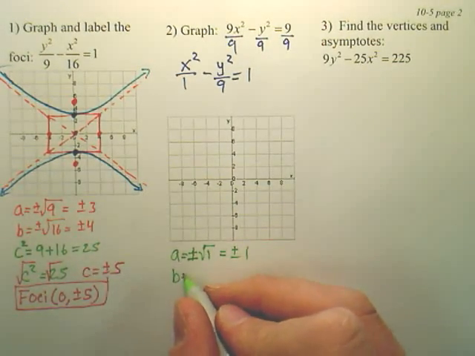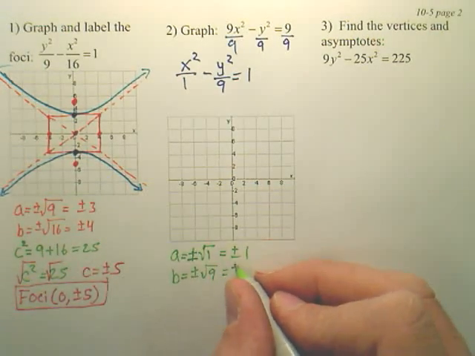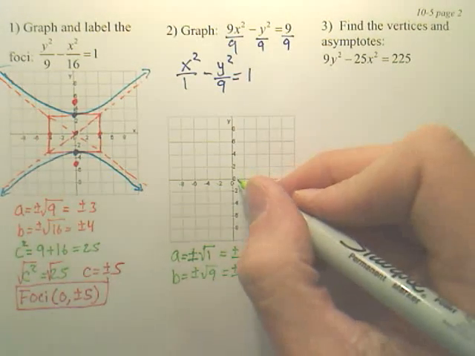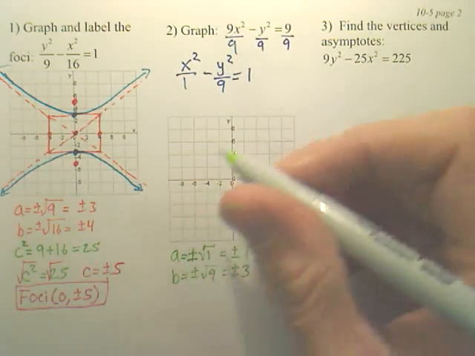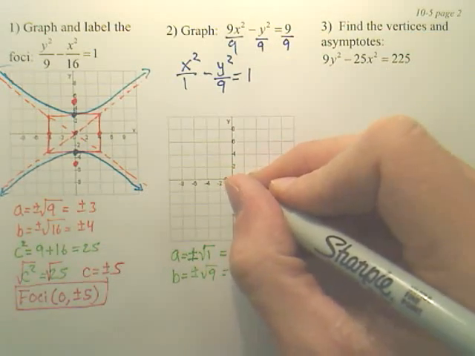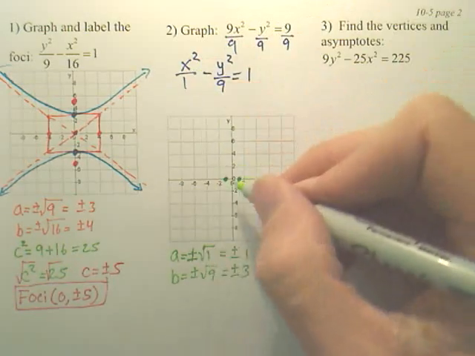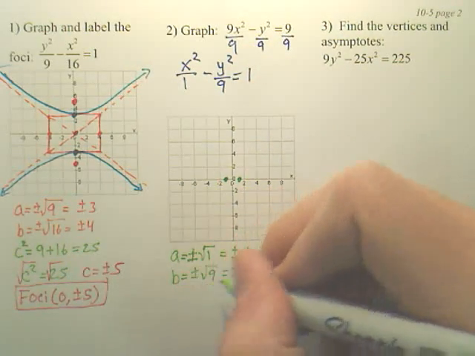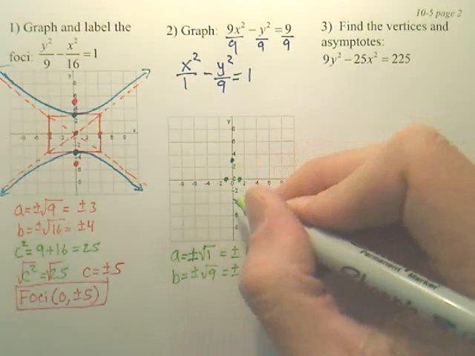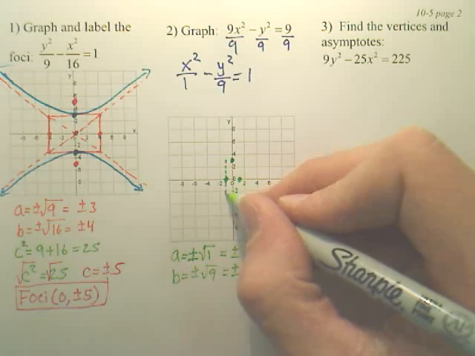And the b value is going to be plus or minus the square root of 9, which is plus or minus 3. Your a value came from the x, so you go left and right 1. And then the y value, the b is 3, so you go up 3 and down 3. And then we're going to have this really small box here.